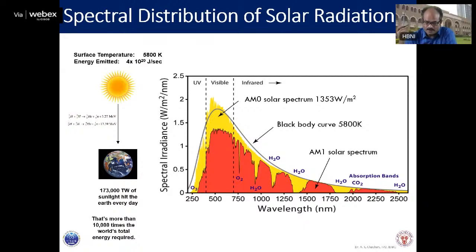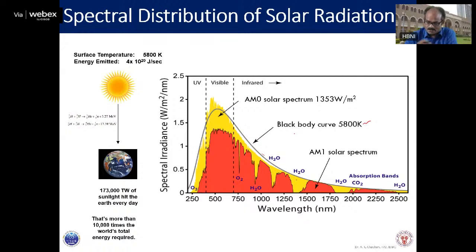So why does it happen? If we measure the spectrum just above the atmosphere of Earth, in that case we get a spectrum like this, the yellow one, which is very close to the black body curve of 5800 Kelvin.